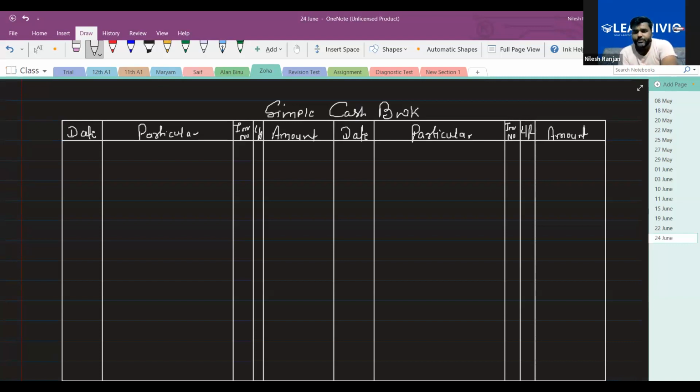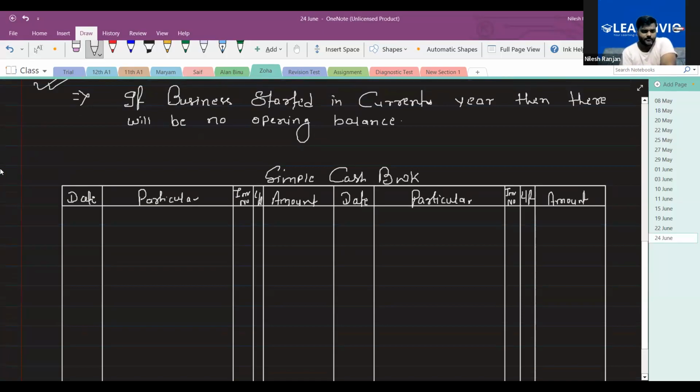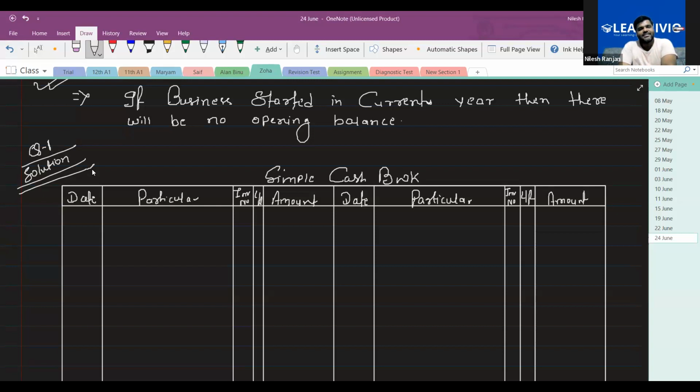What is the main difference between a single column cash book and a double column cash book? The amount column.